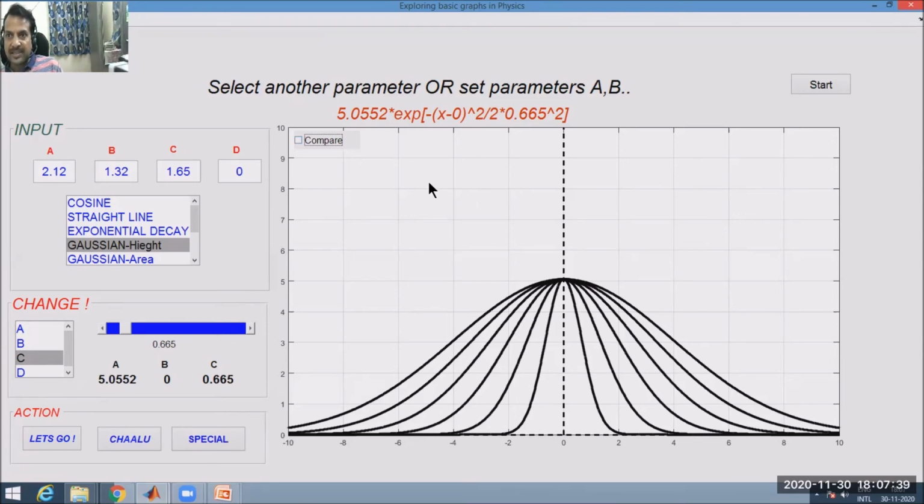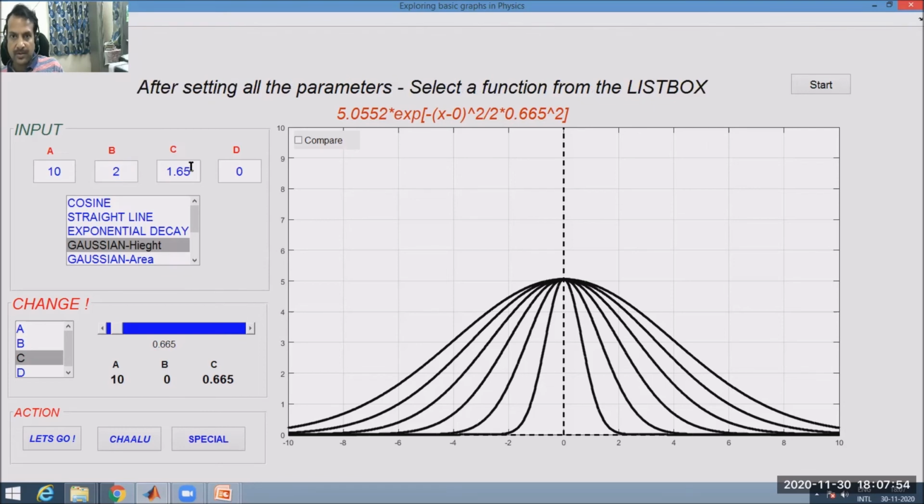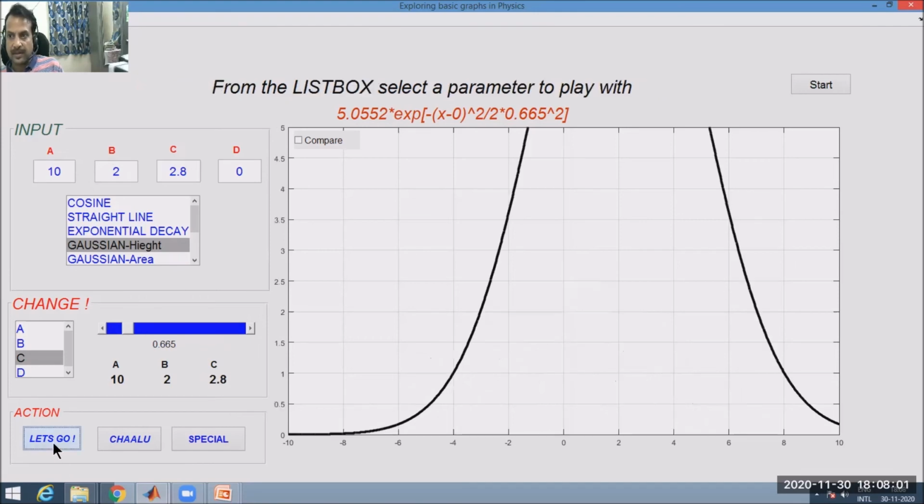Now let us see where these parameters A, B, and C appear on the graph. For that, let us generate a Gaussian with these three parameters: height is 10, centered on 2, and width of 2.8. So it looks something like this.